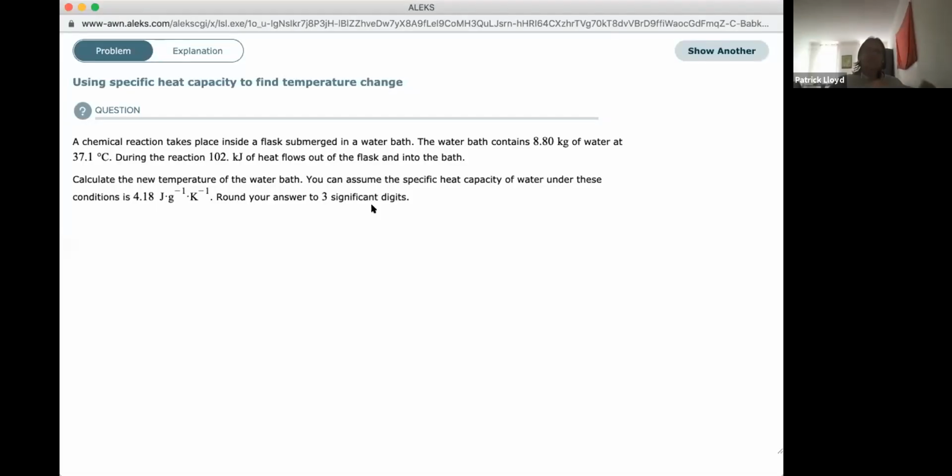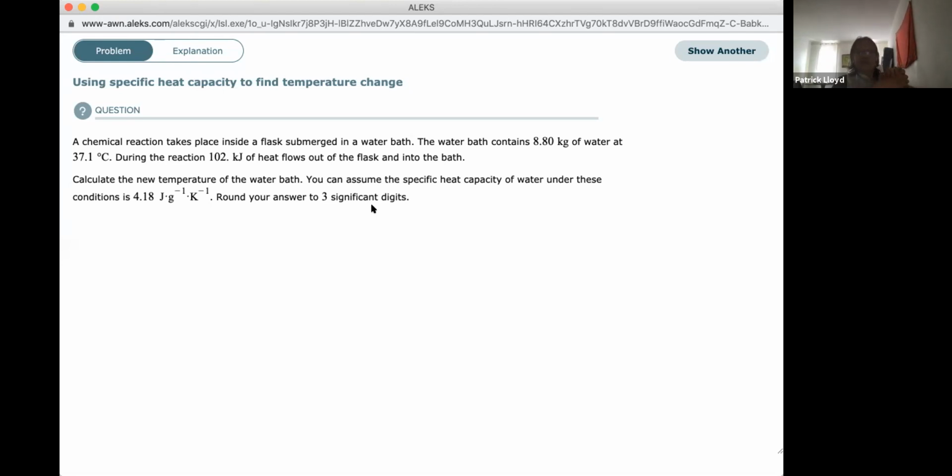Okay, so let's take a look at the next one. Using the specific heat capacity to find temperature change. So now we're going to find delta T, right? We're just going to take that same equation and find delta T. A chemical reaction takes place inside a flask, submerged in a water bath.